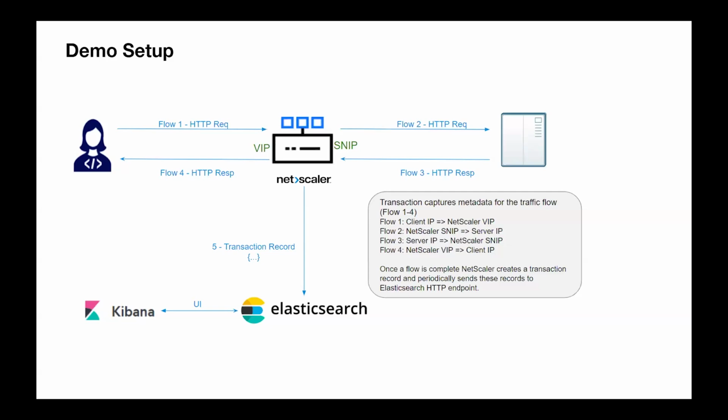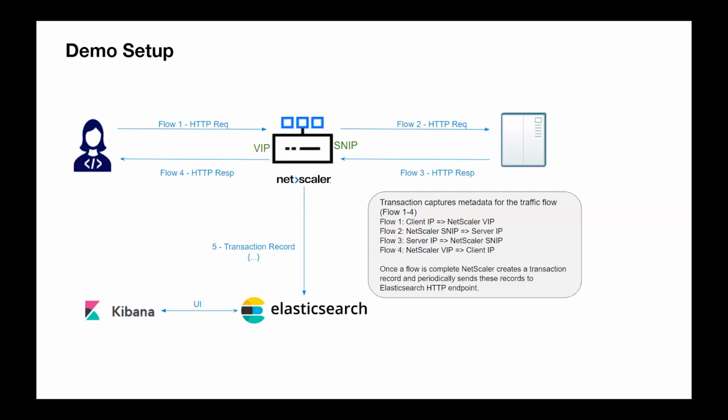First, the user connects to the NetScaler. The second flow is the NetScaler terminates that connection and then sends the request to the web server with its own IP. The web server responds, and then the NetScaler sends that response to the user. These 4 flows together constitute a transaction.